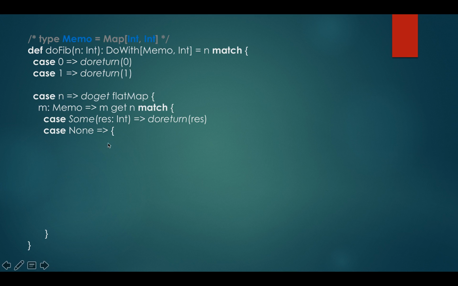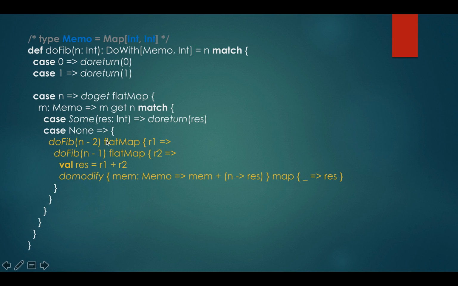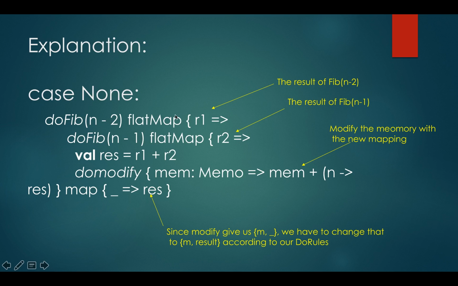And the None case is very interesting. It looks bad, but it's really easy to understand. So here is the code. We call do fib on n-2, and we call do fib on n-1, and we modify the memory and give it a new mapping. It's changing the unit into the result.